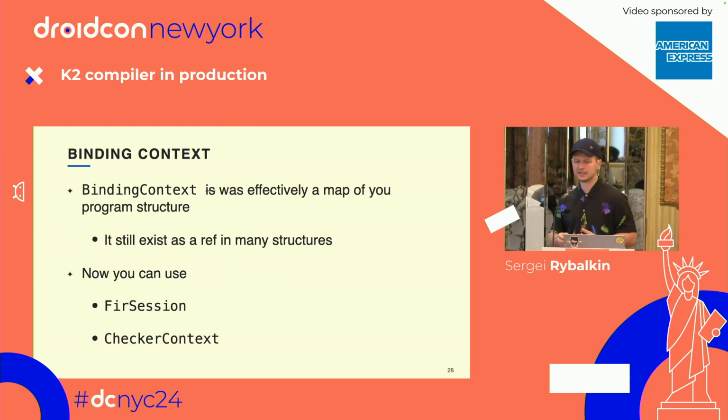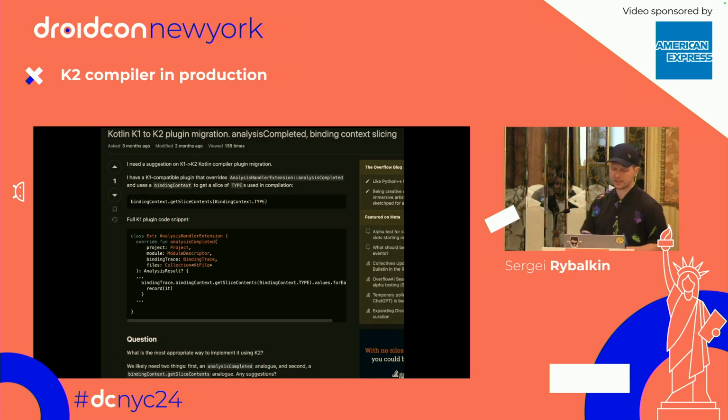So binding context itself is kind of a map of your program structure, your types, probably some expressions there. It still existed in some references, but not in others. So in compiler backend, it was somewhat possible to use it. But now the whole point was to start using FIR session and checker context in as many cases as possible. And it was a big change for us.